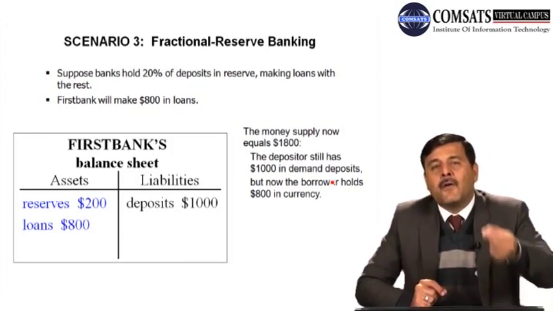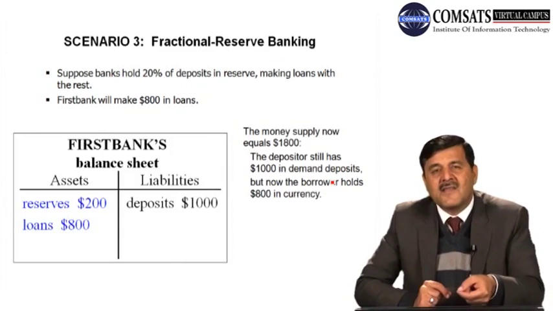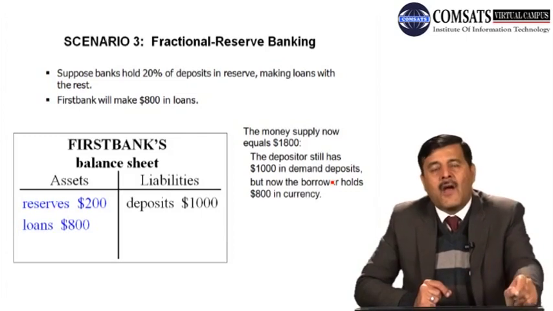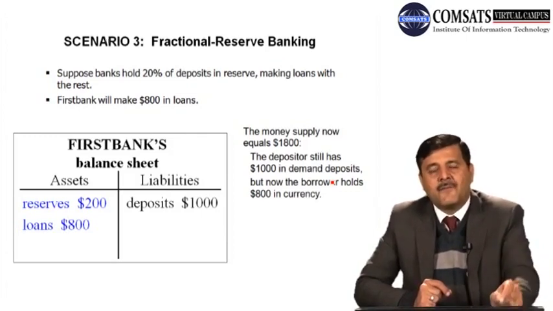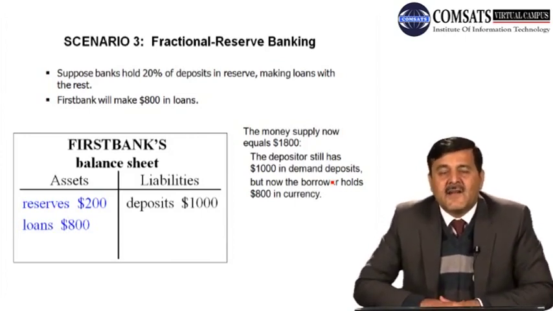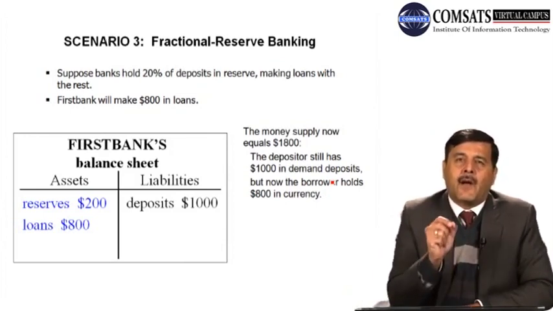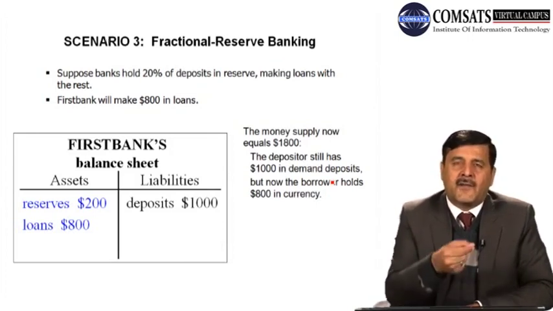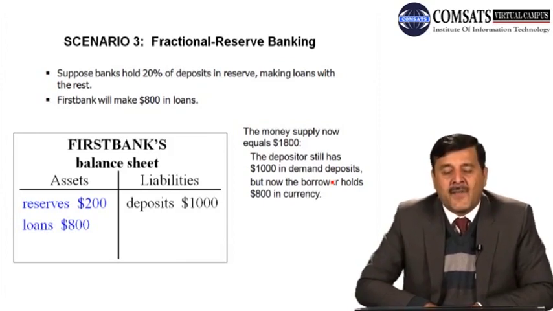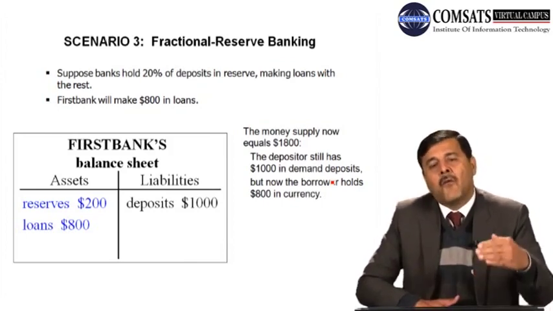Because we are talking about another system, the fractional reserve banking system, and in this we are looking at what the first bank's balance sheet will be. On the balance sheet, on one side we have assets, on the other side we have liabilities. Assets consist of reserves and loans. As we said, the bank keeps 20% as reserves, which is $200, and extends $800 US in loans. Now the total deposits, the liabilities of the bank, how much money was deposited in the bank, is $1000.